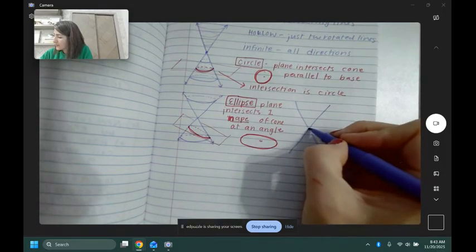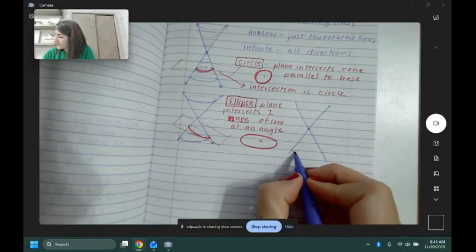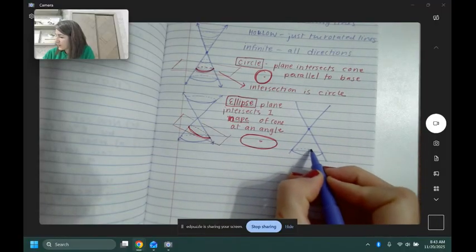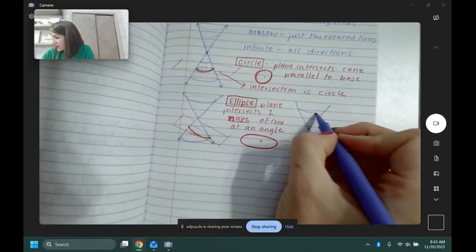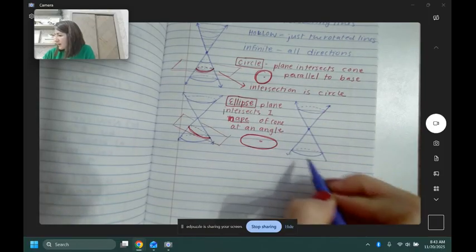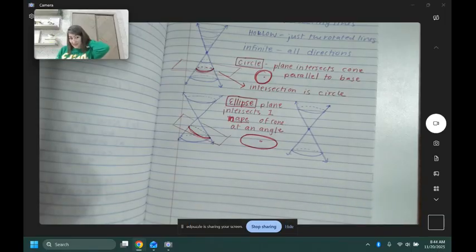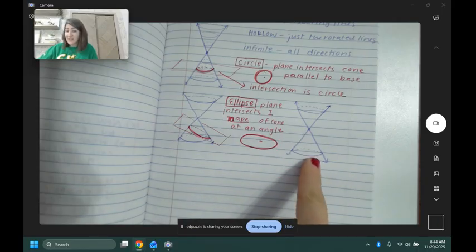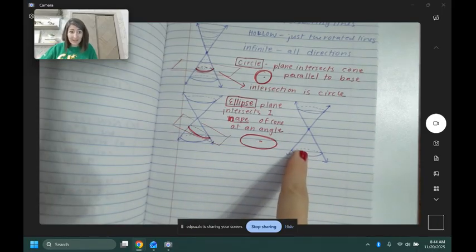So if I've got my cone here, I'm going to draw just the base. If that plane is angled a little bit more so that it doesn't connect to make a full circle, it's connecting the side into the base a little bit more.